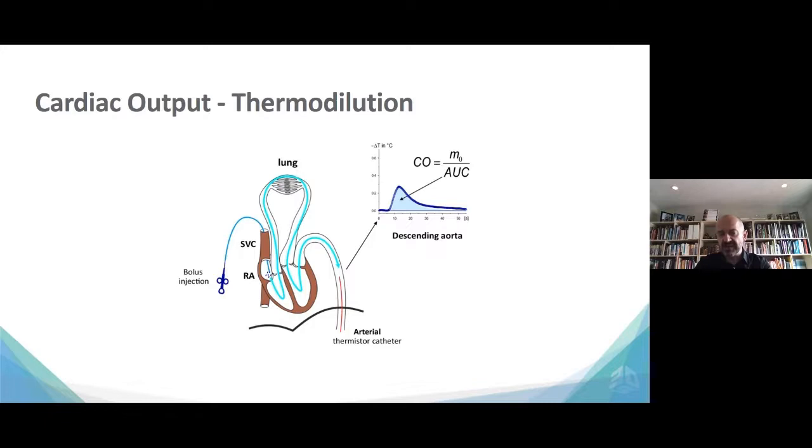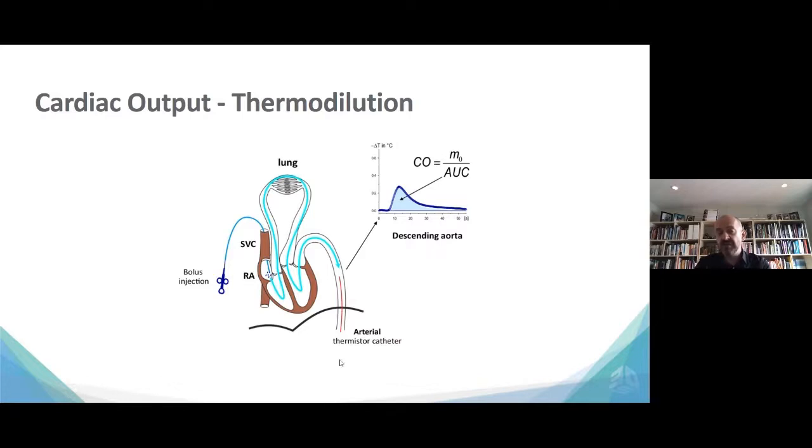So some of the advanced Swans have a copper heating coil. They heat up the blood just for a very minimal amount, and then at the tip, have a very, very sensitive thermistor, which measures change in temperature. With this one, you can get a continuous thermodilution cardiac output, just like with a PA catheter that has an oximetry probe, you can get a continuous oximetry output.